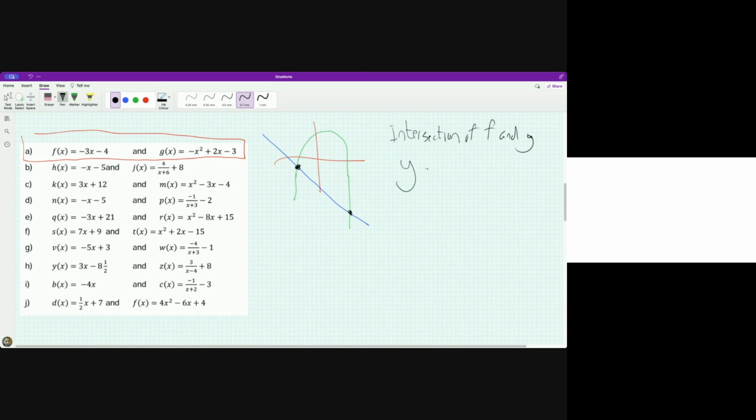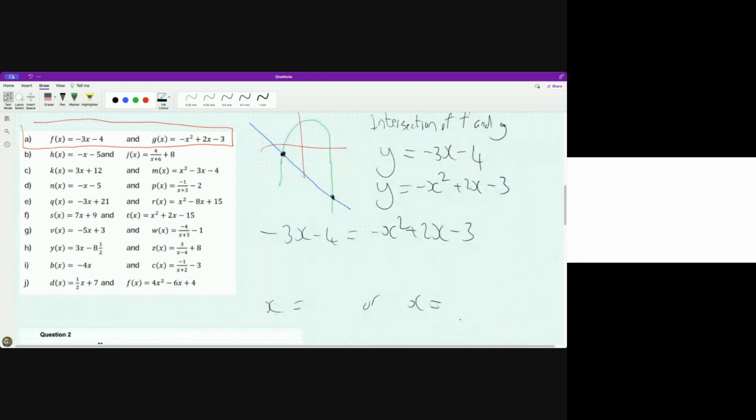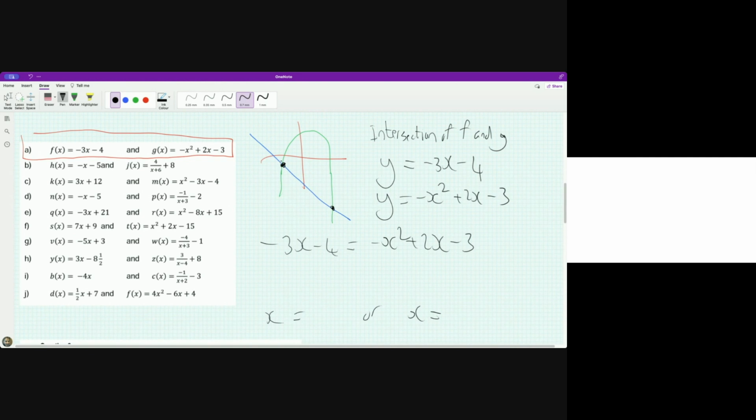So you've got y equals -3x minus 4, and you've got y equals -x squared plus 2x minus 3. If you equate these 2, you eliminate one variable, and now you can solve for x. So I want all of you to find me my 2 x intersection points.